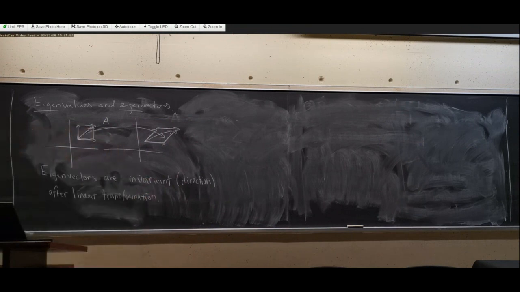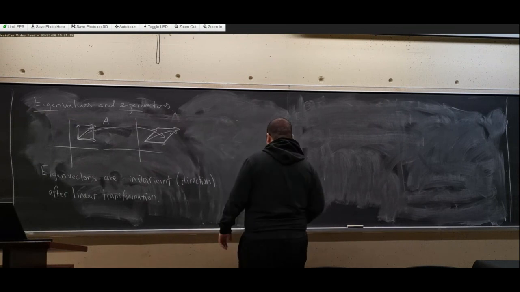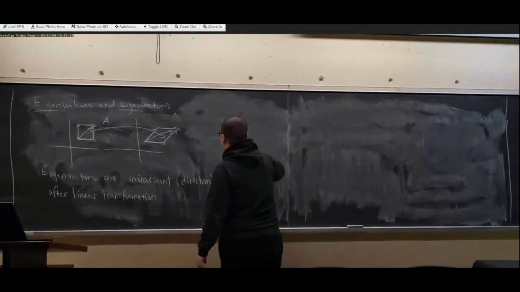Right? And not every linear transformation has vectors that do not change directions. There are linear transformations that obviously have vectors that do not change directions, and there are linear transformations where every single vector changes directions.